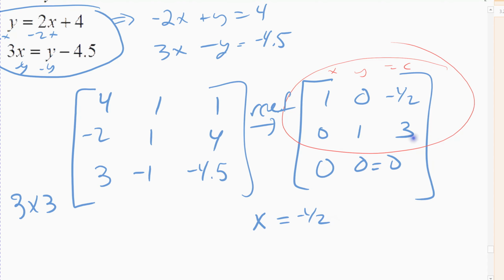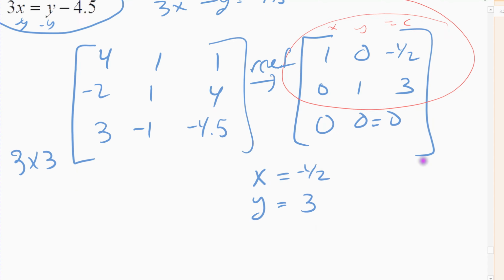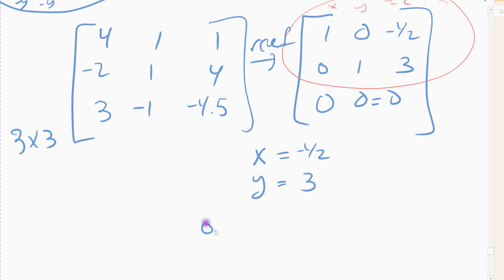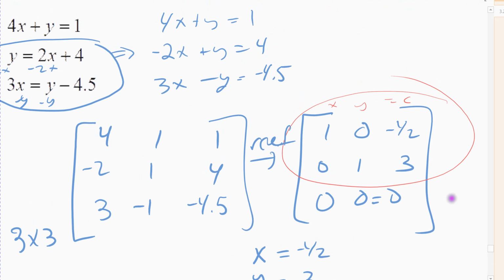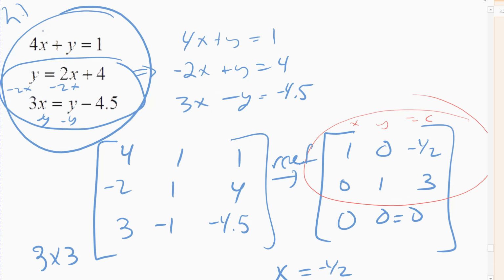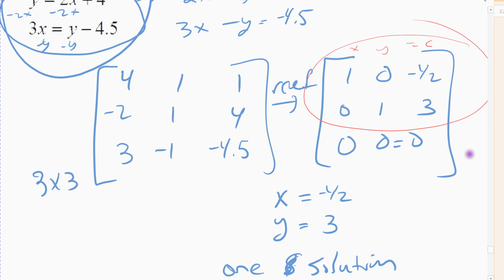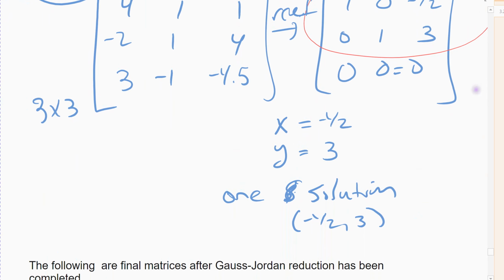The second line gives me the equation no x, there's one y, and it equals the constant 3. And so my statements are giving me one solution. The point negative 1/2, 3 is where all three of these equations meet, right? If I plugged in negative 1/2, 3, I would have a solution to all three equations.